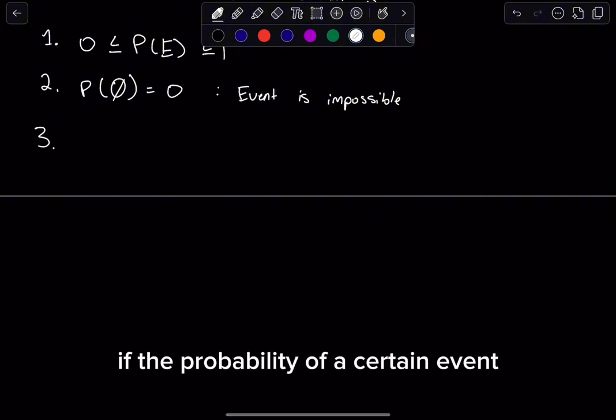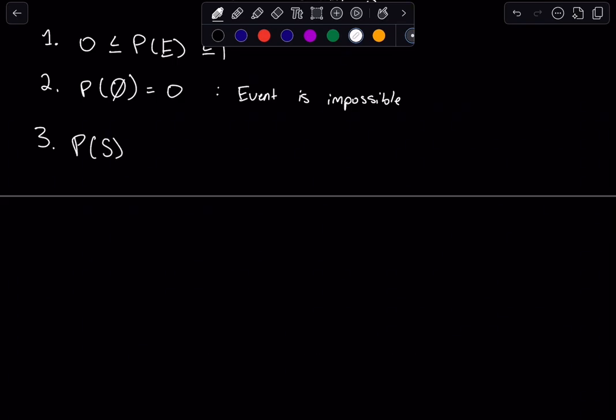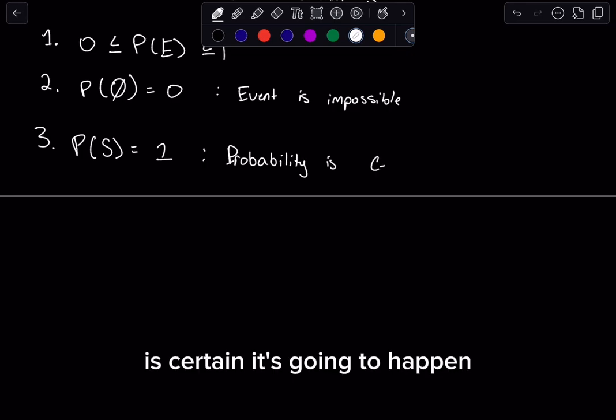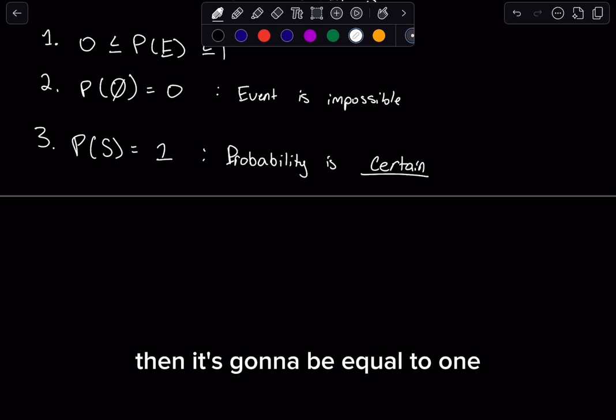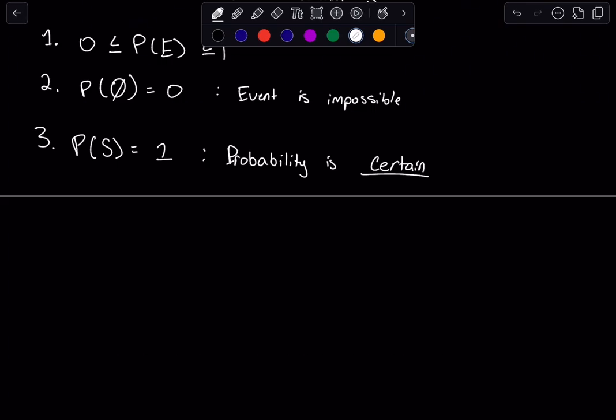If the probability of a certain event, like it's going to happen, is certain, then it's going to be equal to 1. So we could do some examples of this, right?